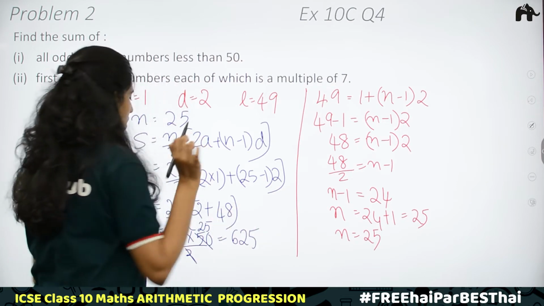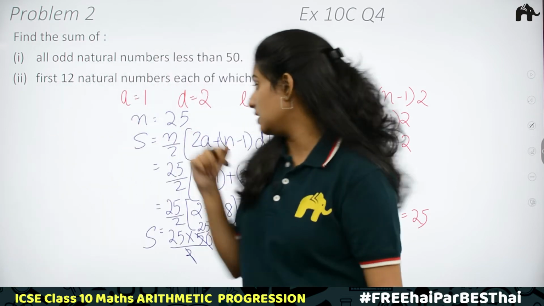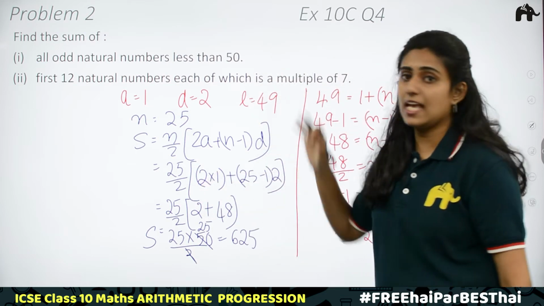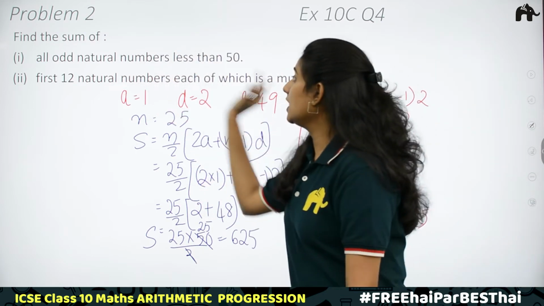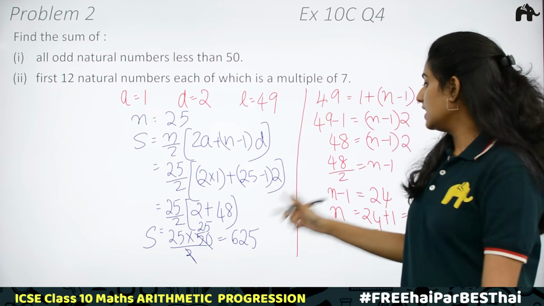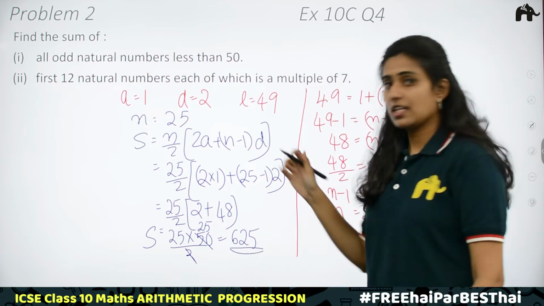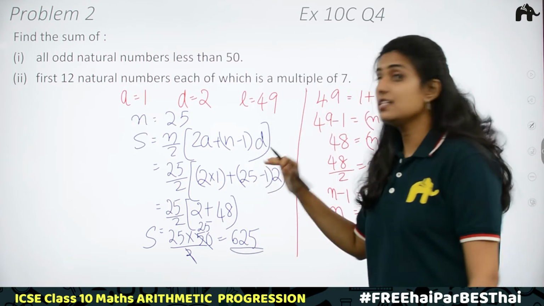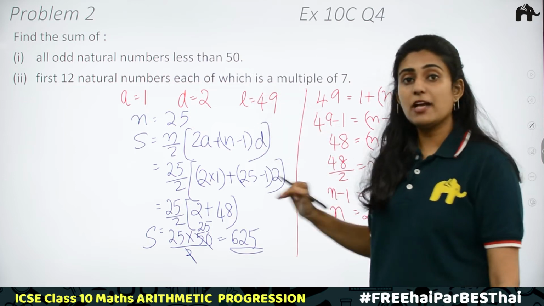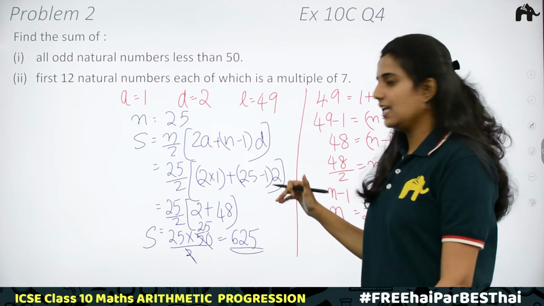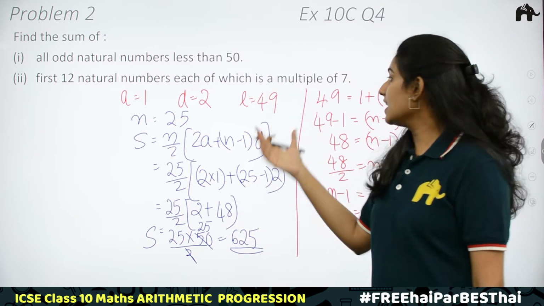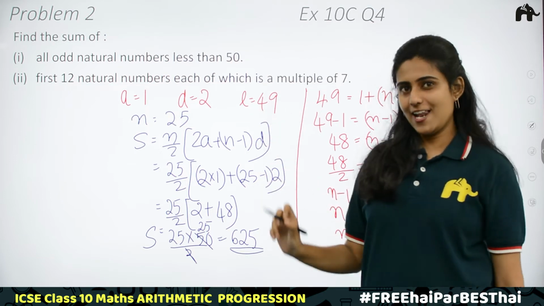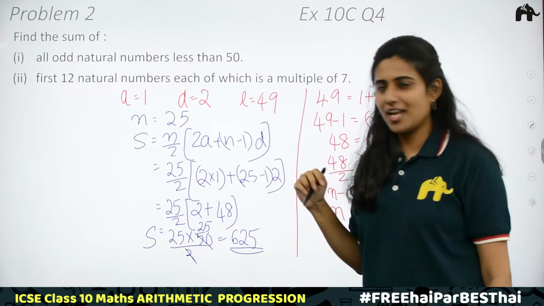Therefore, the sum of the first 25 terms of this AP containing odd natural numbers less than 50 is equal to 625. Here, we have found the sum of these terms by finding n. Without finding n, we can directly find it just by substituting the values of L and a. We have studied another formula.